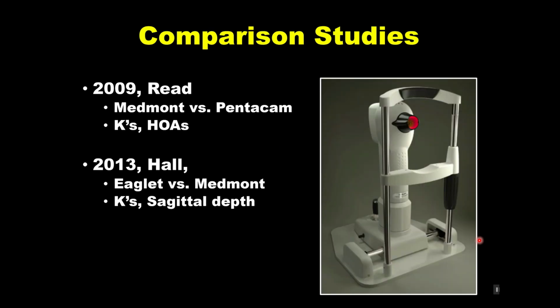In fact, it's been regarded as the gold standard for corneal topography. Other researchers have used the Medmont to compare it against competitive instruments to determine their accuracy. If the Medmont is considered the gold standard, then how do other instruments measure up? So the Medmont is actually used against other instruments to determine if they're in the ballpark.